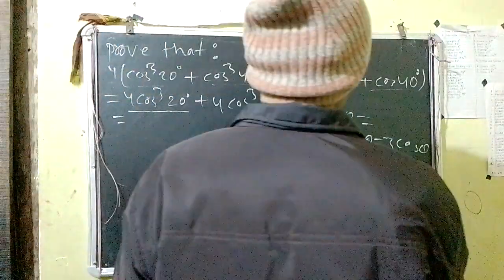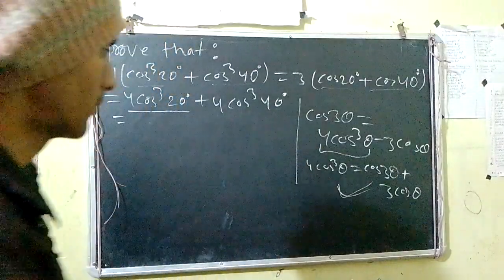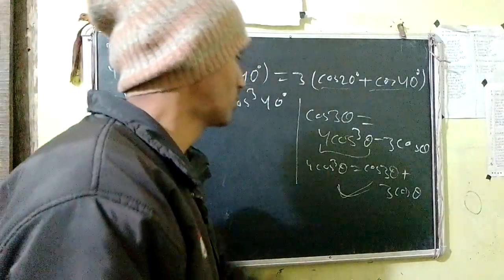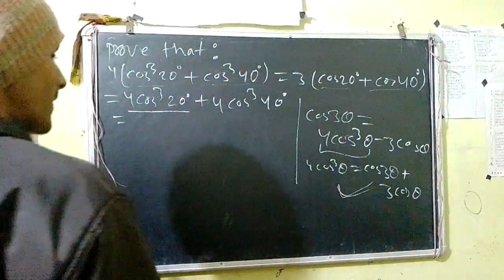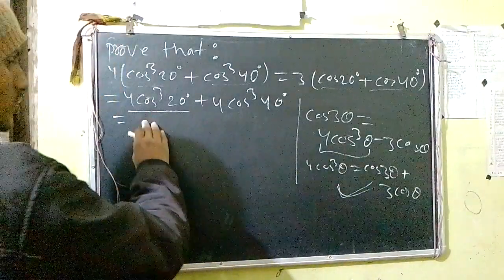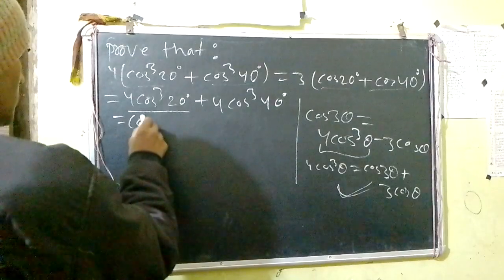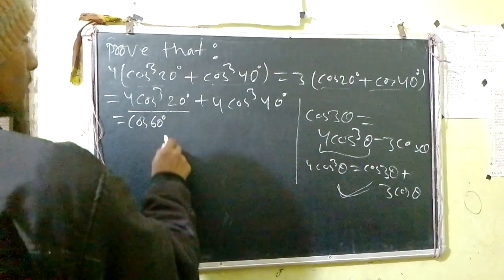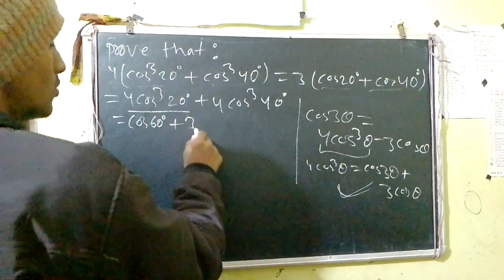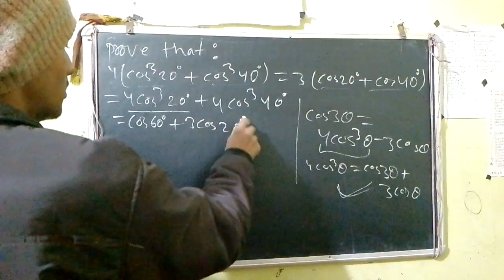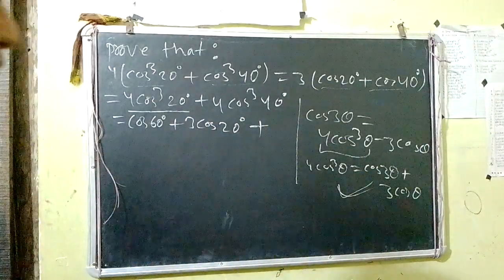If you want to write it in terms of cosine only, not the cube, then we can use this. So cosine cube 20 becomes cosine 3 theta, which is going to be in this case cosine 60, plus 3 cosine 20. It's easy.